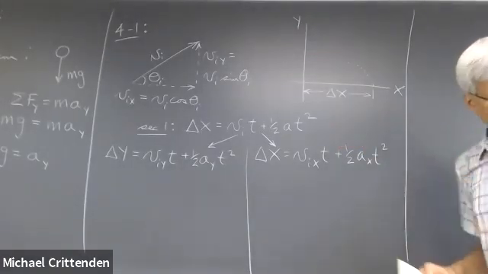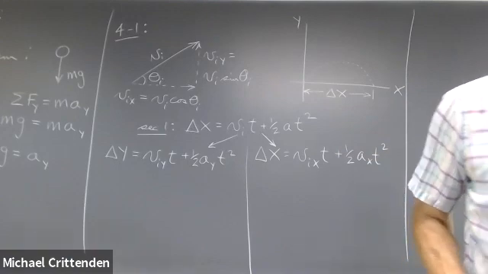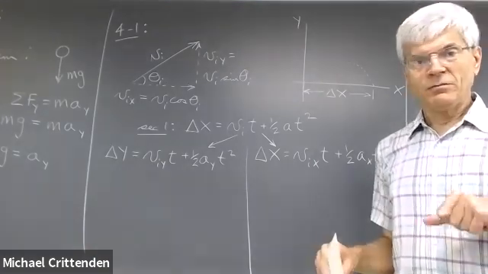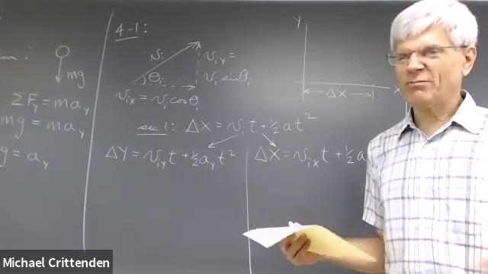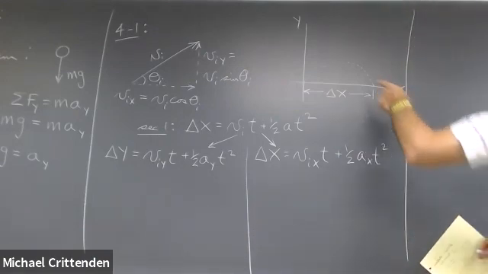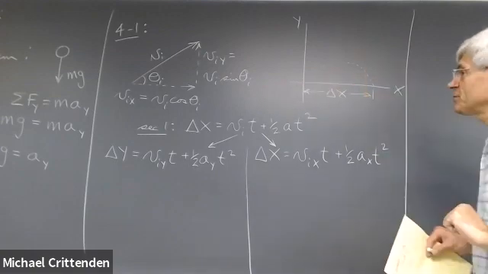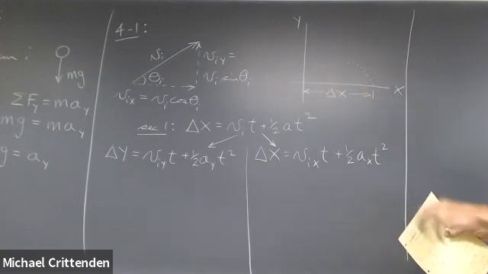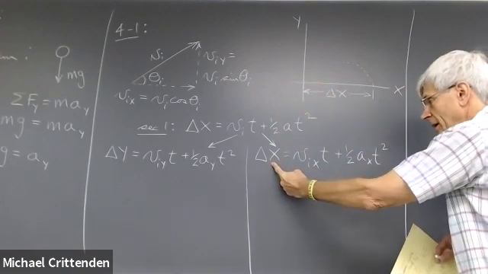It says right in the question, it's fired over level land. So maybe this is the Navy shooting the guns, because the ocean is pretty level. Anyhow, the thing lands at the same elevation that it was fired from. And the question is how far away? So that would be this, which is sitting right there.